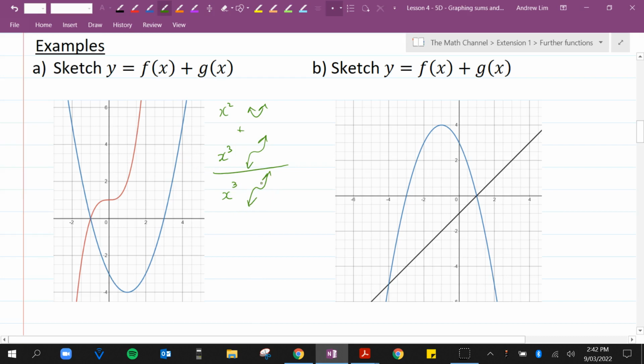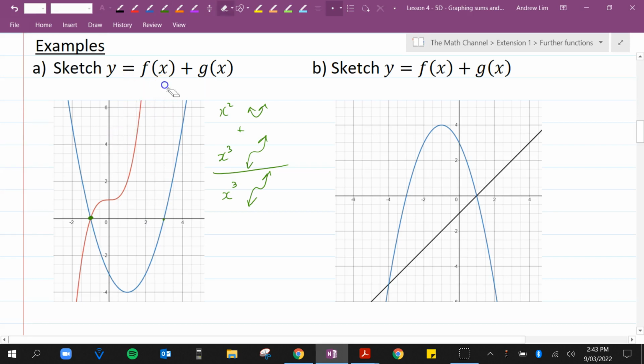Alright, so the first thing I'm going to do after that is look for all the zeros, all the x-intercepts, pretty much. 0 plus 0 is 0, so the sum of these two functions is going to go through that point, minus 1, 0. I've got another 0 here, but 0 plus whatever that is going to be up here somewhere.